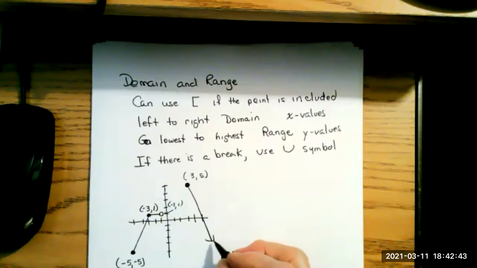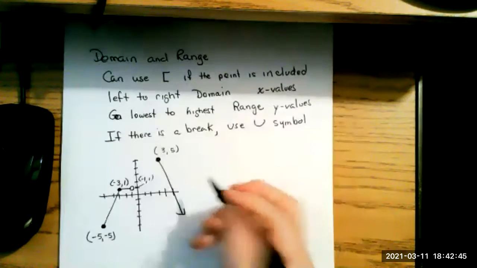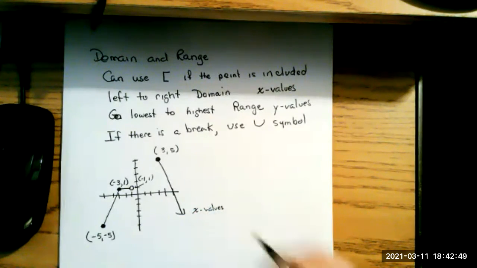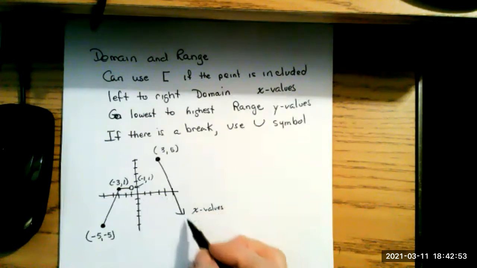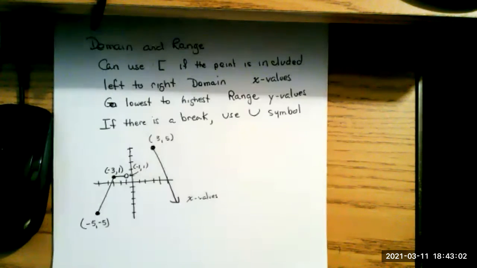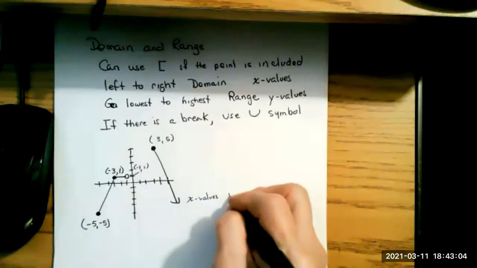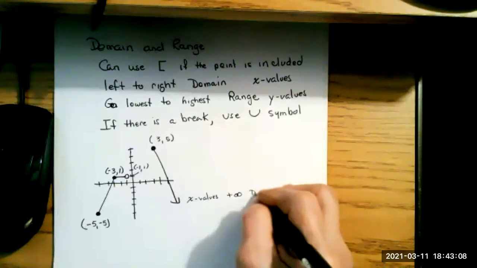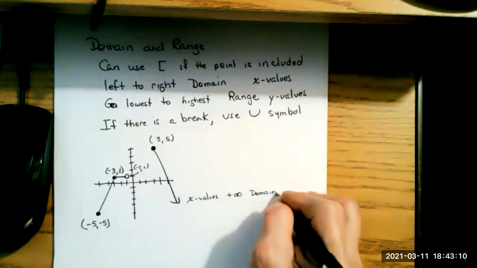Let's talk about this infinity. If you're talking about the x values, then these are over here on the positive side. So I might have 8, 9, 10, 11, 12, 20, 100. Those are all positive values. So that's going to positive infinity on the x values, which is part of the domain.